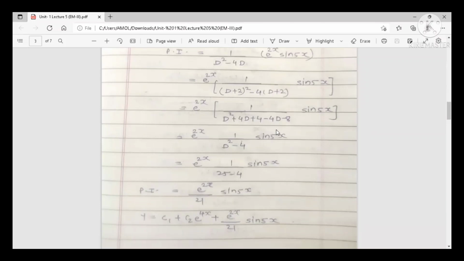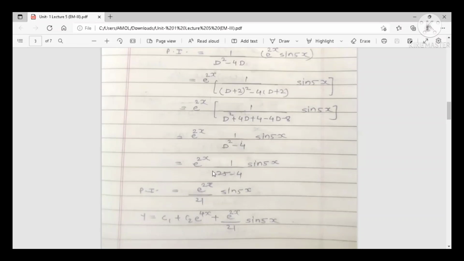Now here the coefficient of the trigonometric function is 5, meaning the value of a is 5. So you replace the terms of D square by minus 25, because the square of 5 is 25 and you give a negative sign to it.